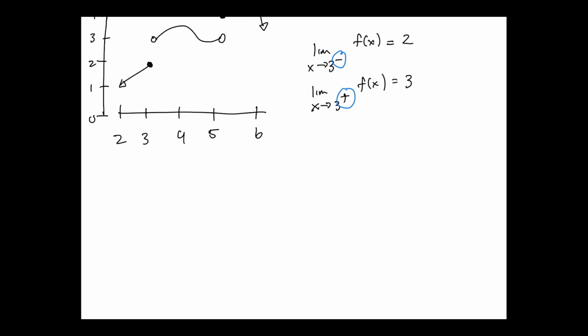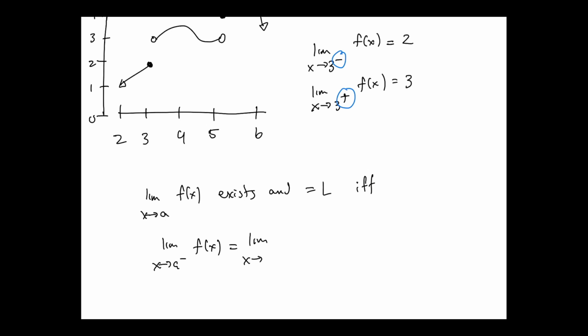So what we say is that the limit as x approaches some number a exists if the left-hand limit and the right-hand limit both exist, and they both also need to be the same thing.